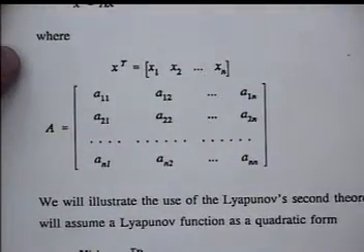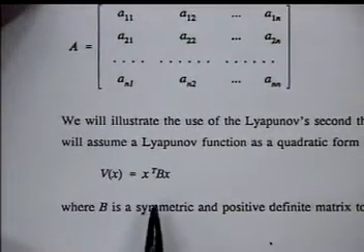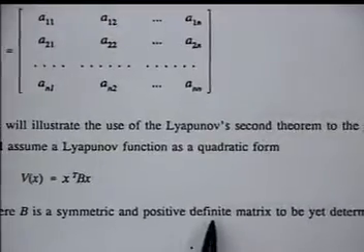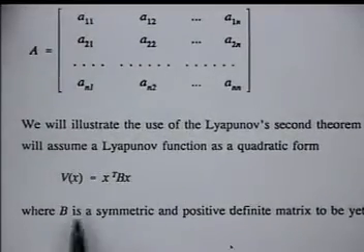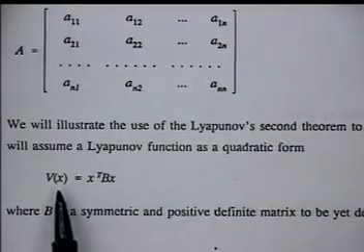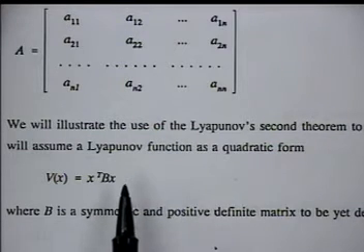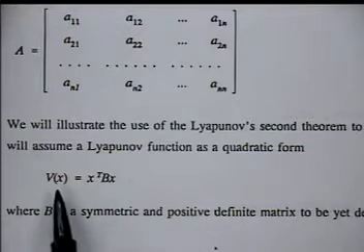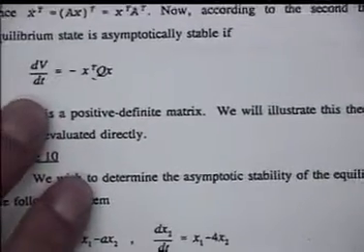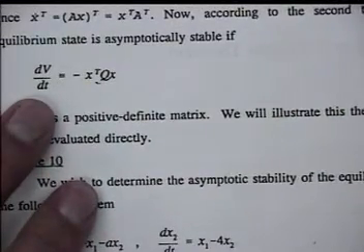Because look, x transpose Bx, and we said that B is a symmetric and positive definite matrix. If B is a positive definite matrix, then capital V is a positive definite expression. It always takes positive values, never takes negative values. Now, if V is positive, then its total derivative must be negative. That is what Lyapunov says. The function should be positive and its total derivative should be negative.